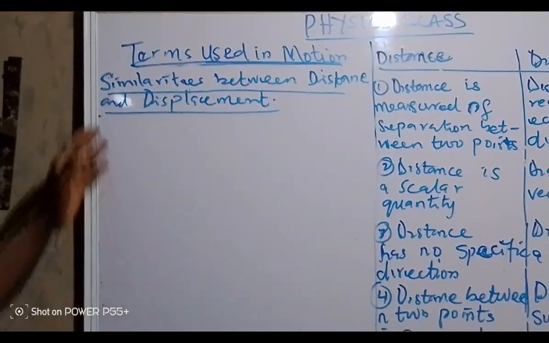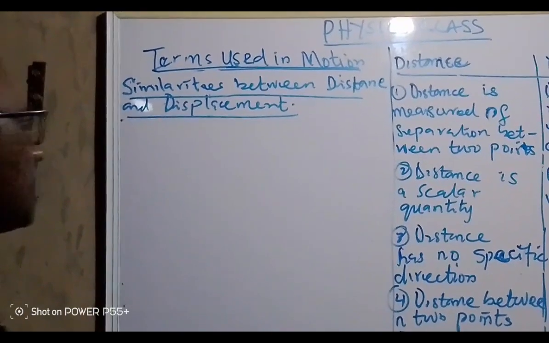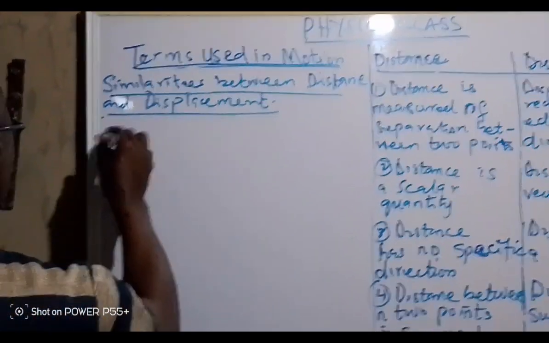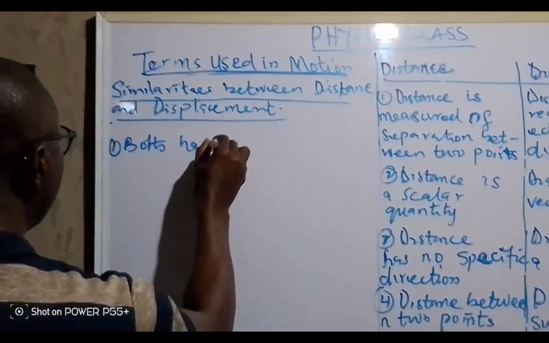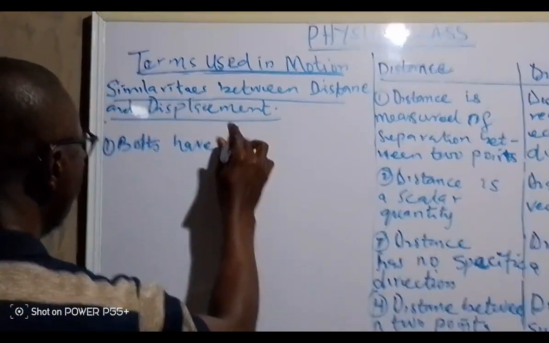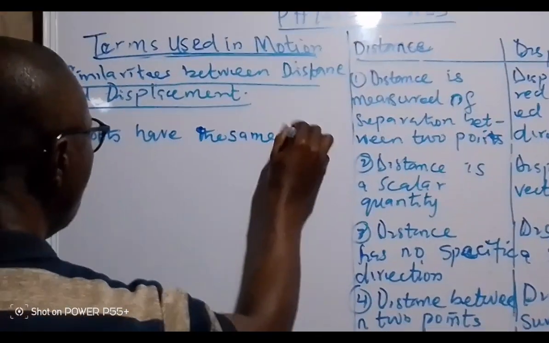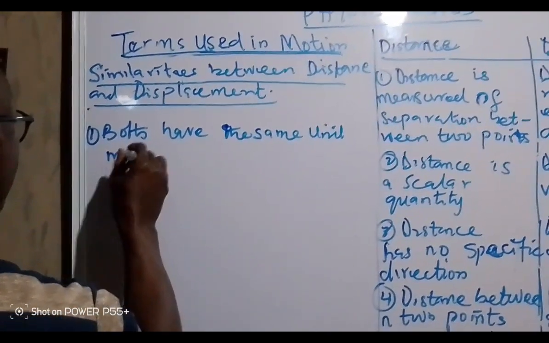Now, the next thing is similarity between the two. That is similarity between distance and displacement. Number 1, both have the same unit, and the unit is meter.